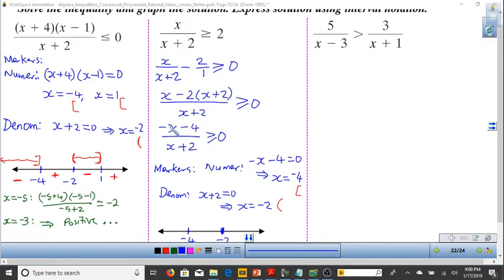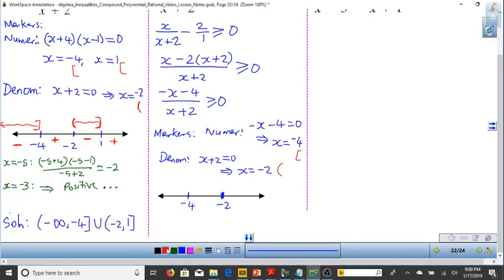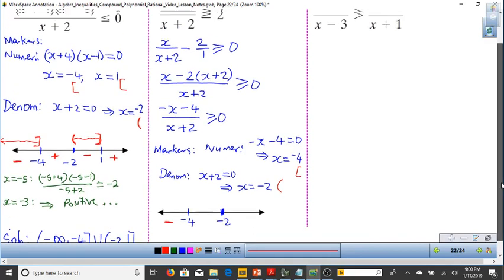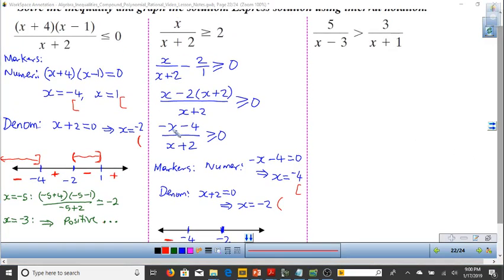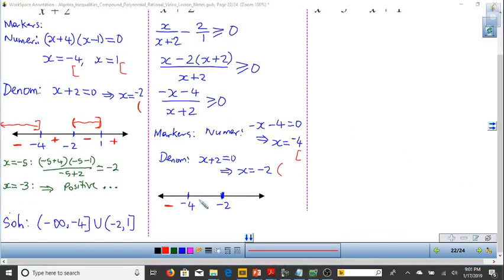I get 5 minus 4 is 1, -5 plus 2 is -3, so positive over a negative is a negative. So this is a negative region right here. Between -4 and -2 would be -3. So I do 3 minus 4 is -1, -3 plus 2 is -1. Negative divided by negative is a positive. So that's a positive region right there.